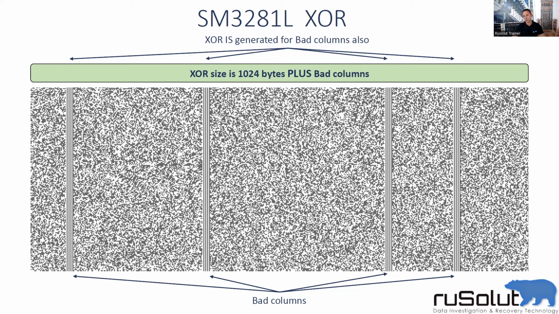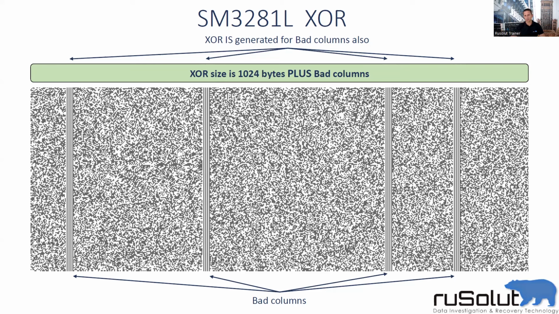VNR will take into account those bad columns, but for you, everything will be just standard. So with the new version of VNR, you can do it easily and fast and without any problems, I hope. And that's actually the only way to solve cases with this controller.